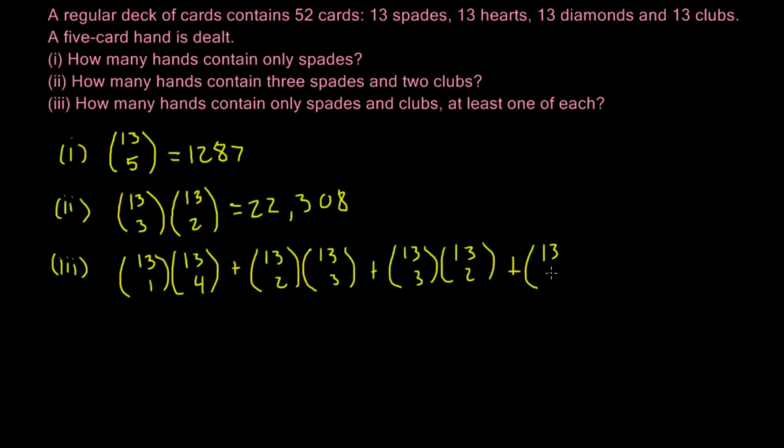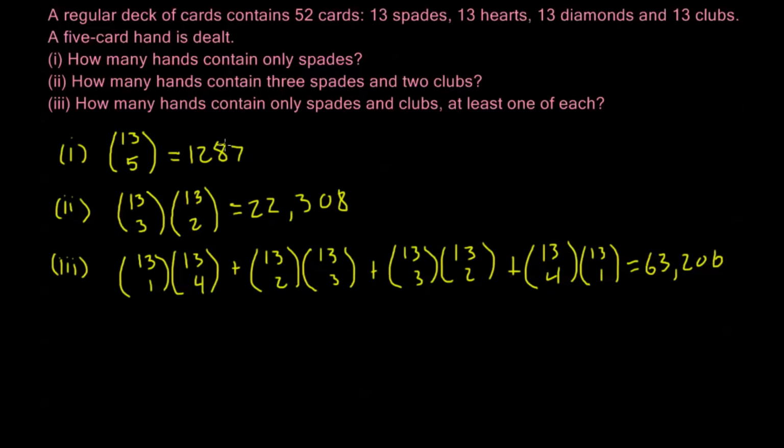And 13 choose 4 times 13 choose 1 hands that contain 4 spades and 1 club. After you work that out, that's going to give us a total of 63,206 possible hands with spades and clubs where there's at least 1 spade and 1 club.